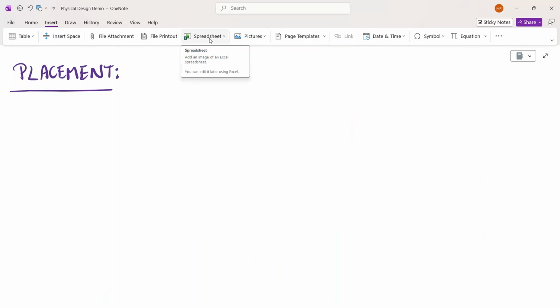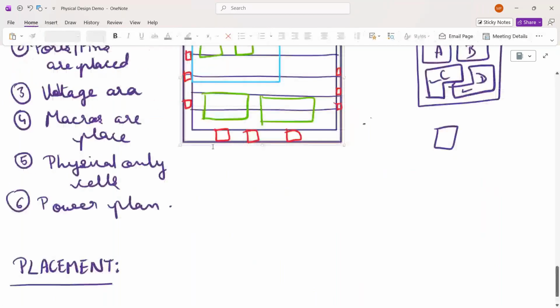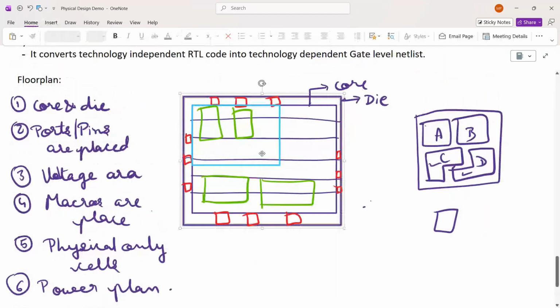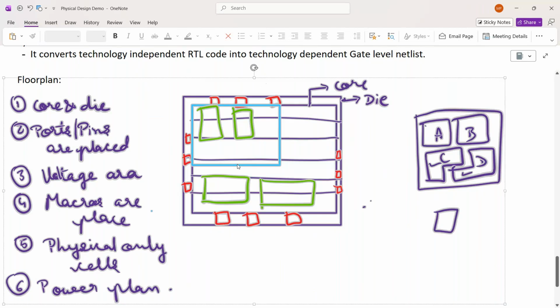Like I told you, Orca top is the design netlist we are using, having 52,000 cells and 40 macros. So in the floor plan, Orca top will show 40 macros, all the ports, there are 290 something ports or pins, and you will see a voltage area.